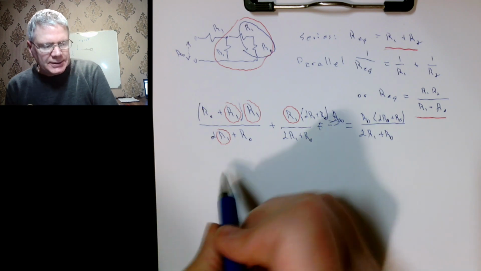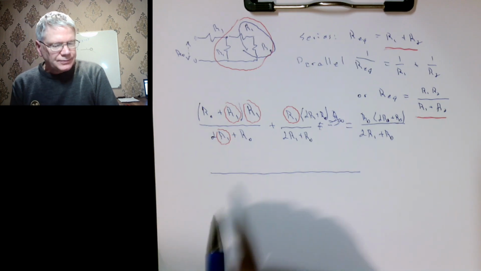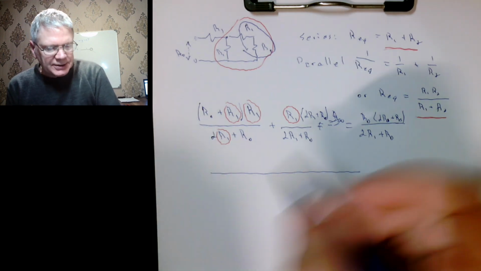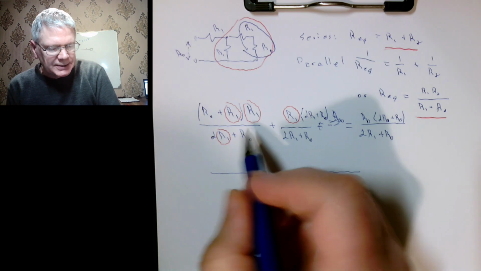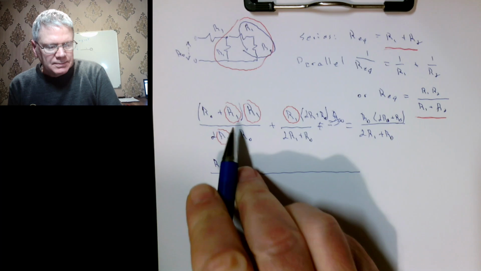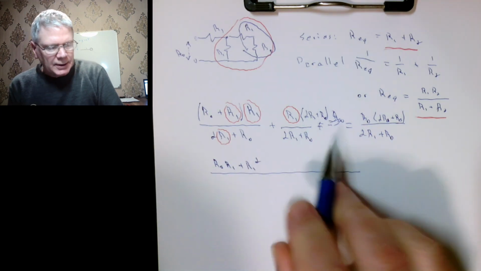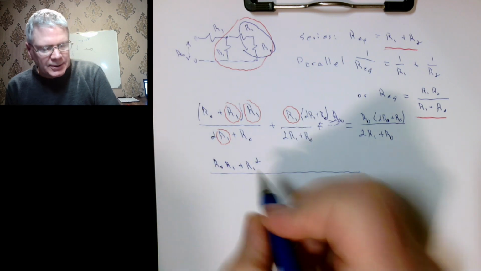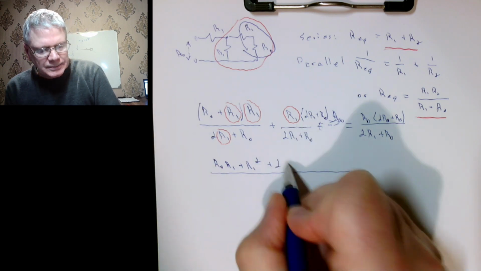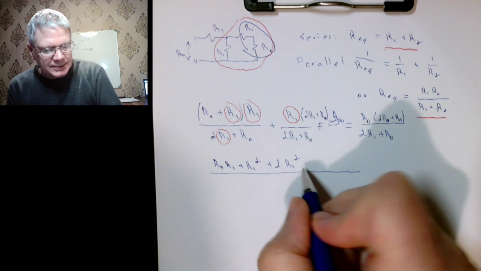So now I'm going to have in the top, let's see, R0 plus R0 R1 plus R1 squared. And from here, I'm going to have a 2R1 squared. And here I'm going to have R1 times R0.